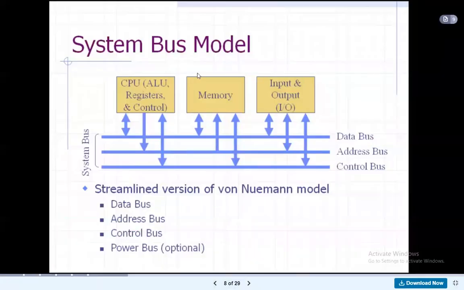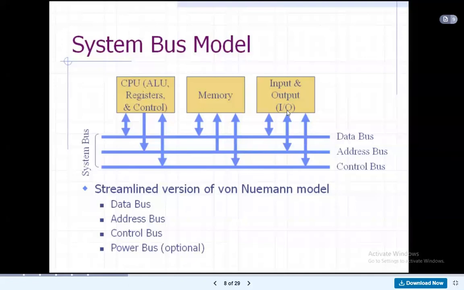Next, in that system bus, there are three main categories of buses: the data bus, the address bus, and the control bus. These three buses are the transferring agent between the different sections: the ALU, the arithmetic and logical unit of the CPU as you saw in the previous diagram; the memory, which is nothing but registers, the storable area; and the input and output devices.